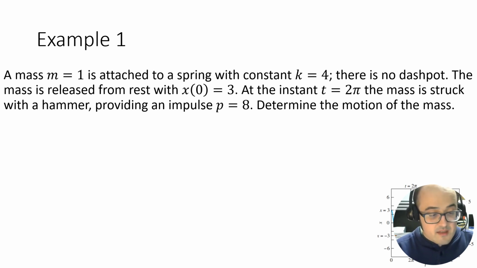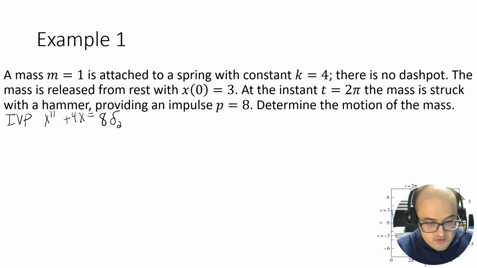So the initial value problem that we have here is x double prime plus 4x equals 8 times delta sub 2 pi of t. And here, x of 0 is 3, and x prime of 0 is 0.